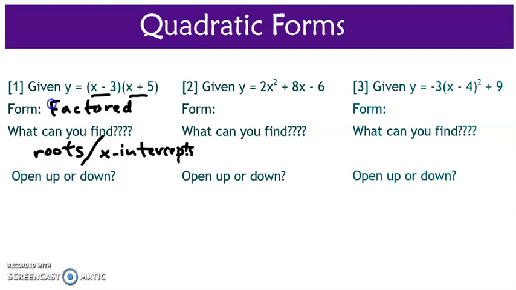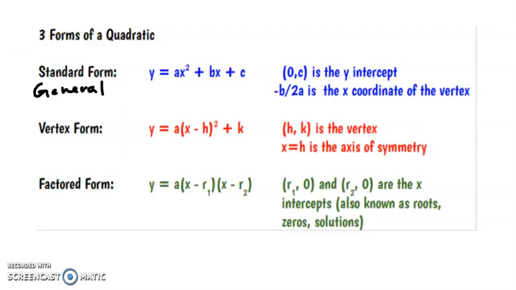Okay. And then no matter what form we're given, we can always identify whether it opens up or down. You notice in each of these forms, we've got an a value at the very beginning of our equation. If that a value is positive, then it opens up.